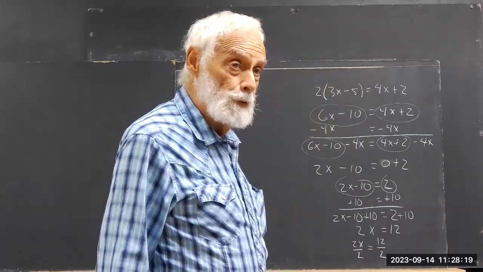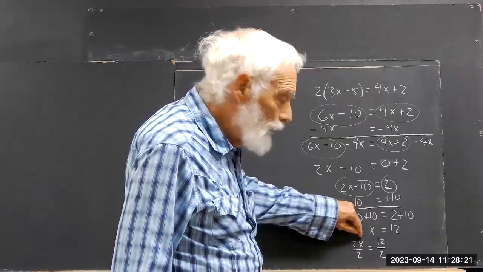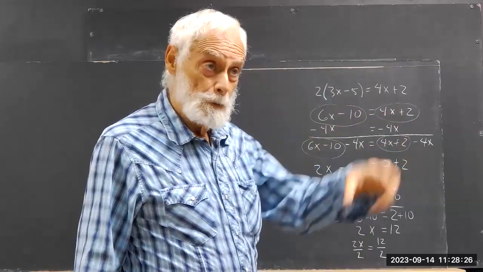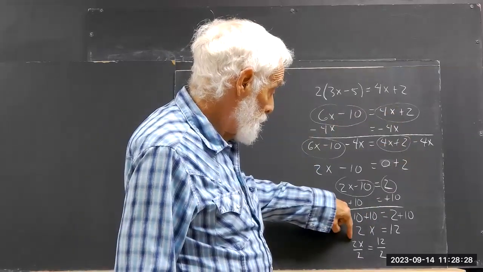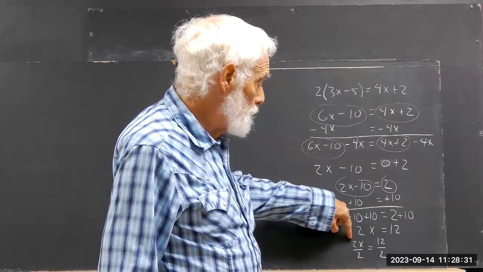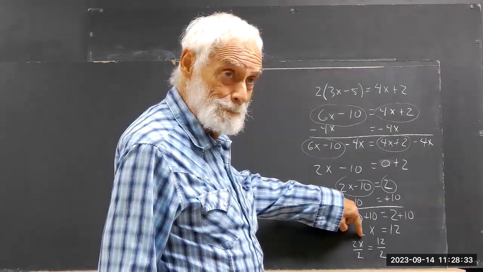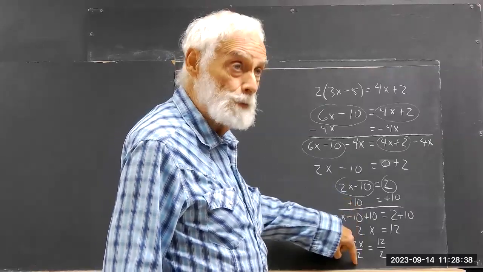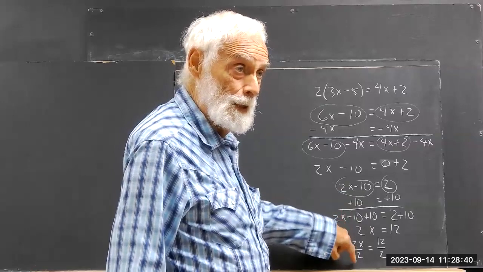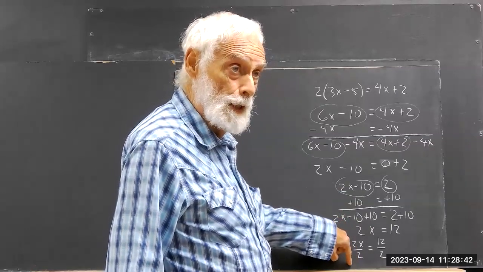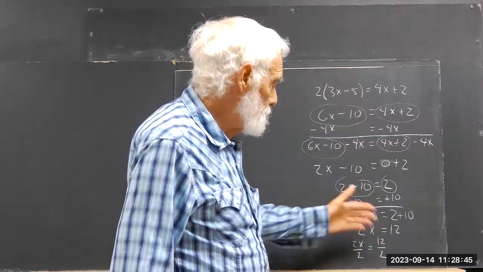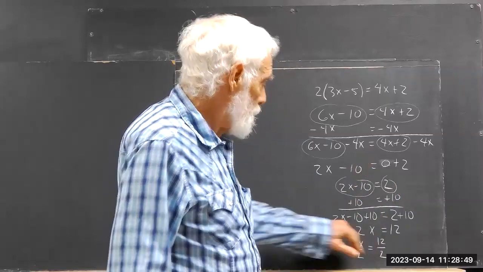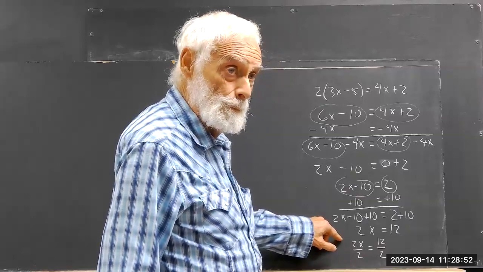Well, that's legal cancellation. The reason is 2 is a factor of the numerator. I explained this in the video that I want you to watch. That means 2 is multiplied by the whole rest of the numerator. That's what a factor is. You can cancel a factor of the numerator with a factor of the denominator because everything in the numerator is multiplied, so you can isolate it and divide it.